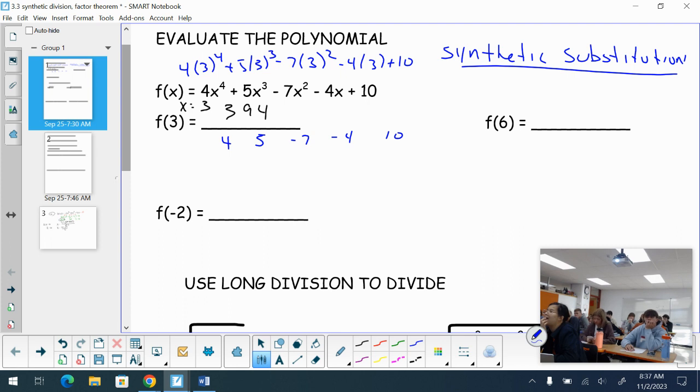And what we put out front here in a little half box is the value that we're going to substitute in, which is the value of 3. Give yourself a little finger space there because we're going to write in it and we can draw a line. You don't want to put the line right underneath these numbers because you're going to write in this. So we give ourselves a little finger space in there.